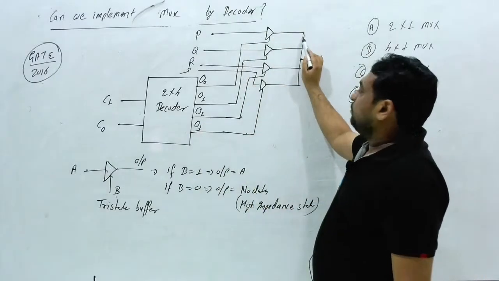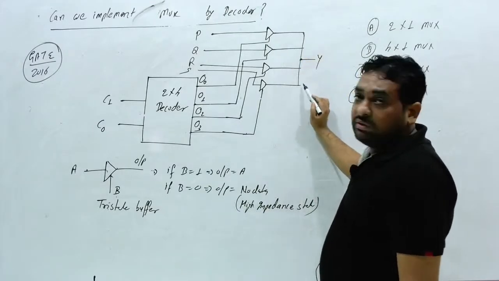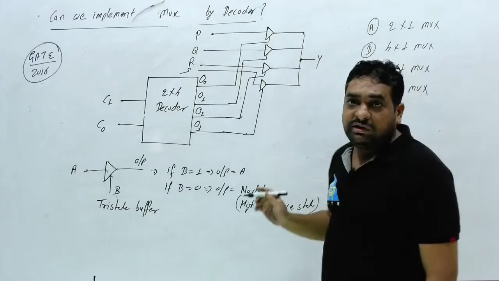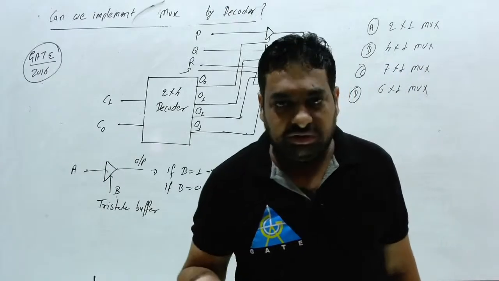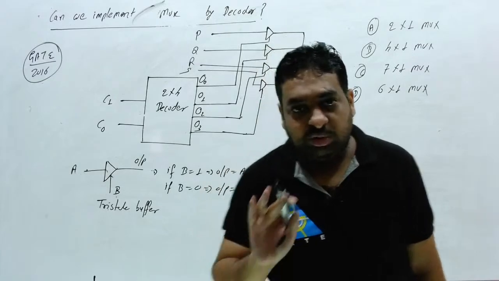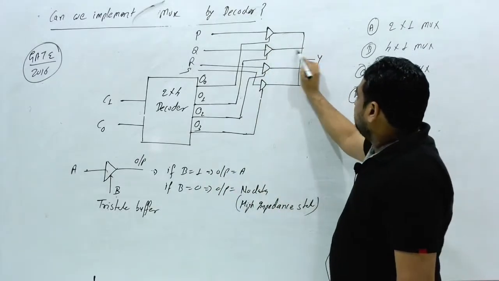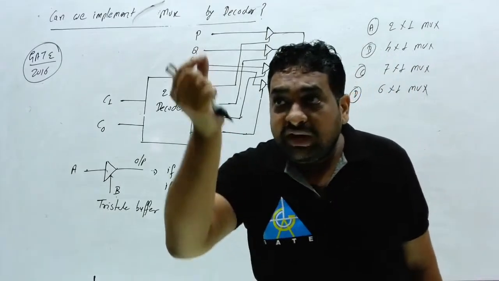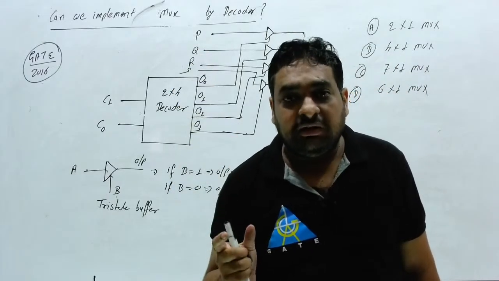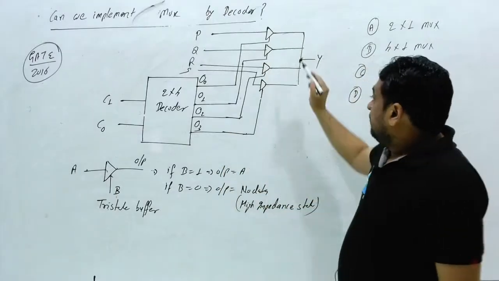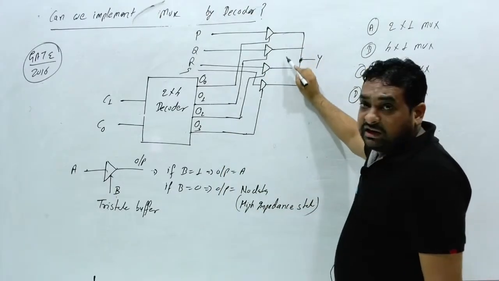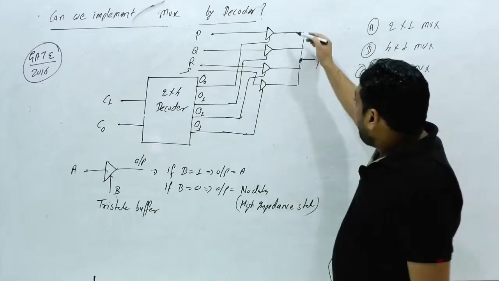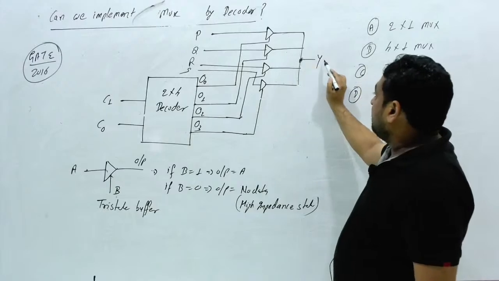If one buffer gives you output, the remaining 3 will not give output, so if you tie all the outputs, they will not interfere at the output. In digital we cannot tie the outputs of logic gates, but here you can tie them, because one has data and the others have no data, not 0. So only one data you will get, and that data will be at the output.